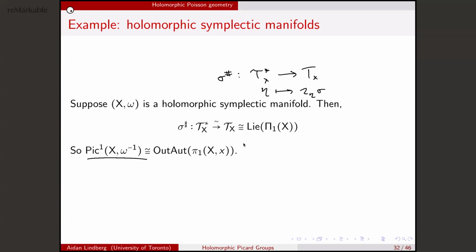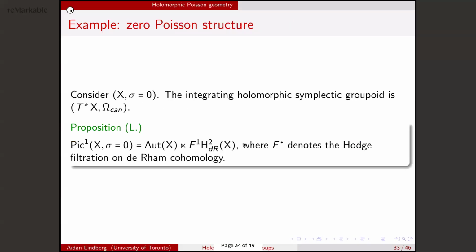On the other extreme, if your bivector is as degenerate as it possibly could be, so we just have the zero Poisson structure, then this is integrated by the holomorphic symplectic manifold, which is just the cotangent bundle of X. Okay. So this is a Lie groupoid, a holomorphic symplectic Lie groupoid. So it's a holomorphic symplectic manifold because it's the cotangent bundle of a complex manifold. And you can ask what the groupoid structure is.